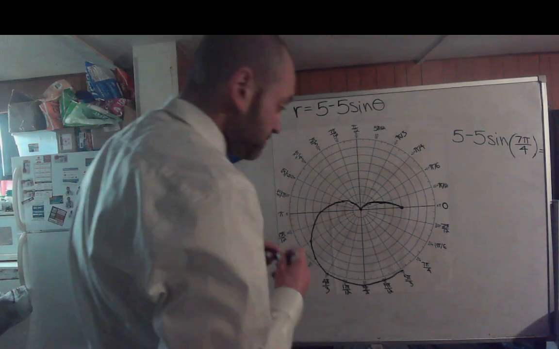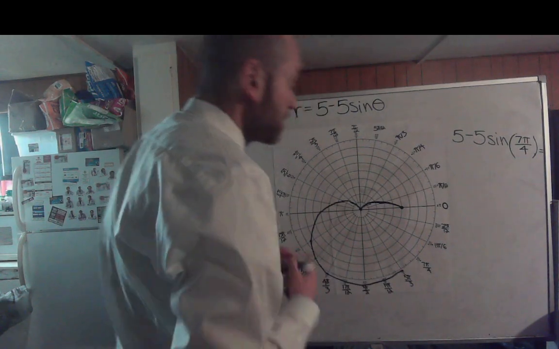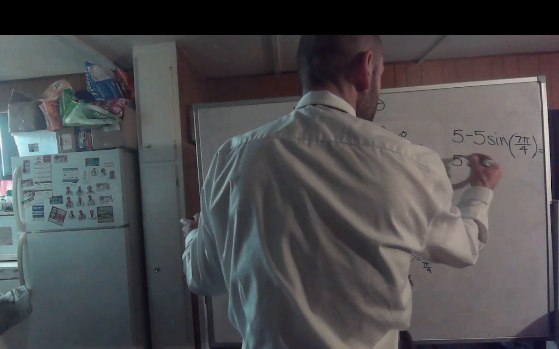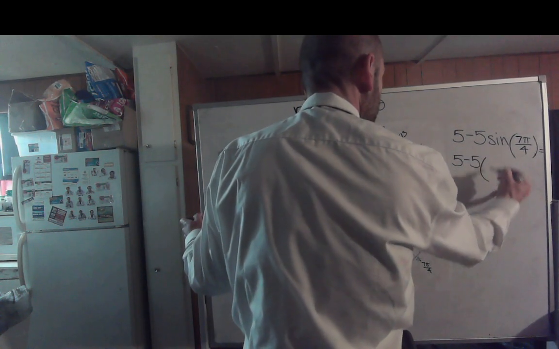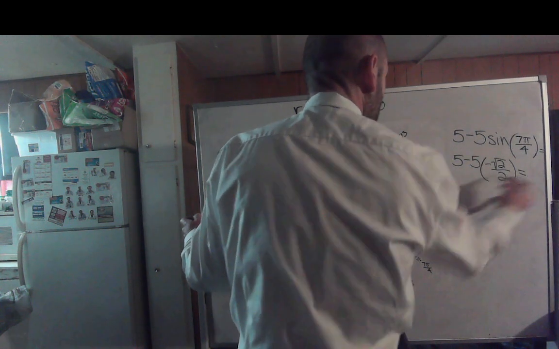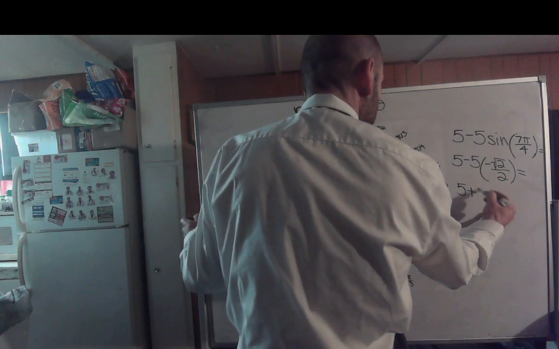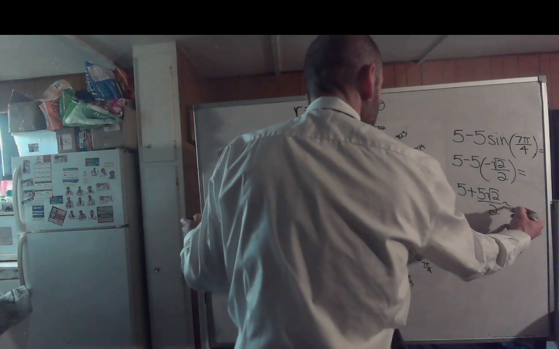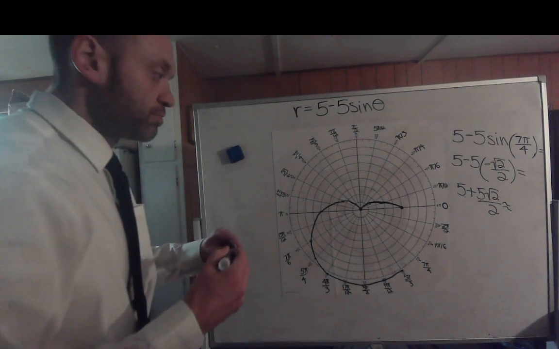All right, so 7 pi over 4, that's going to be then negative square root of 2 over 2. So you'd have 5 minus 5 times negative square root of 2 over 2, which would give you 5 plus 5 times the square root of 2 divided by 2, which now we should be able to get a decimal approximation.